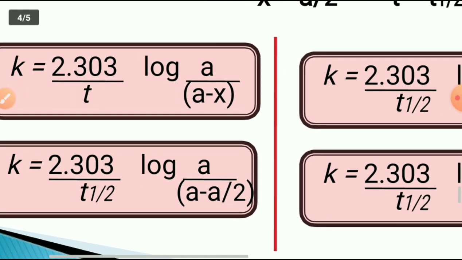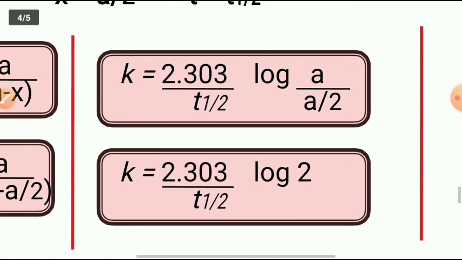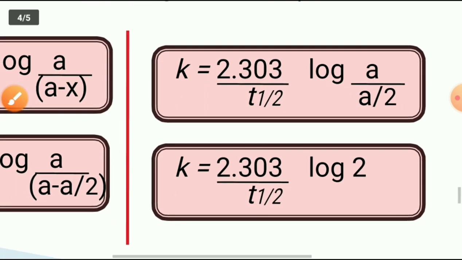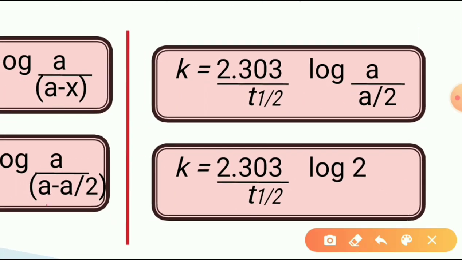Now modifying this equation, we get k equals 2.303 upon t half into log of a upon a minus a upon 2. Here a minus a upon 2 becomes a by 2.